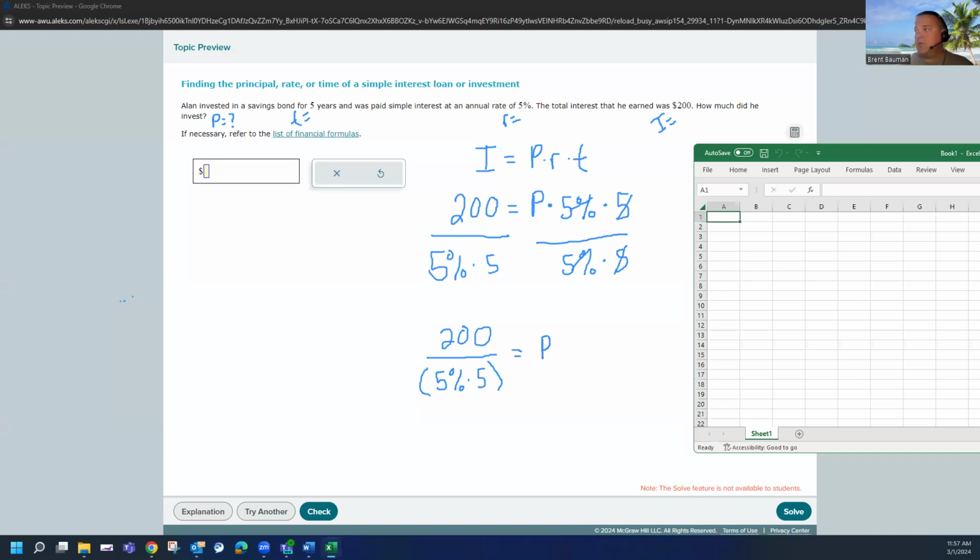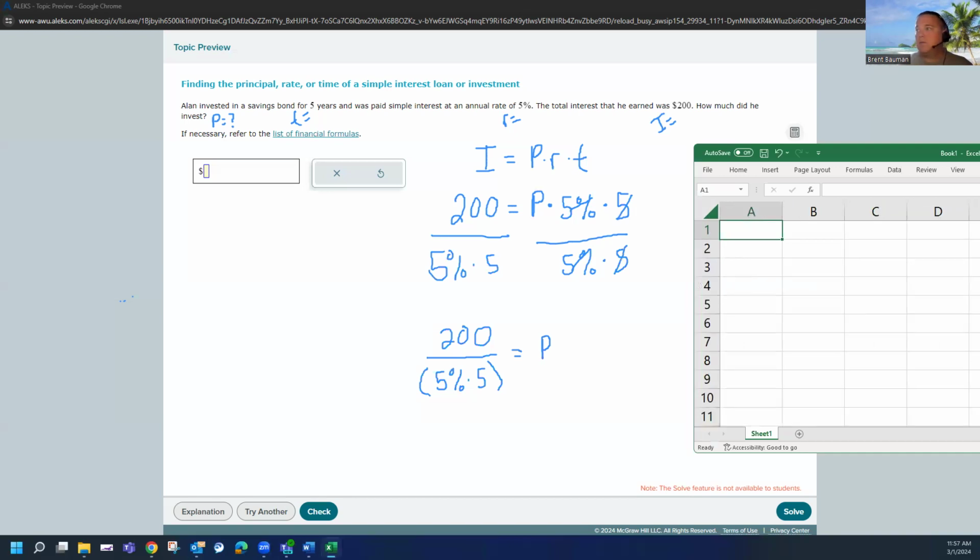So let's bring in Excel real quick, make it a little larger, and we're done with this part of it. So we have equals, we're going to take the 200 divided by parentheses 5% times 5, close parentheses.